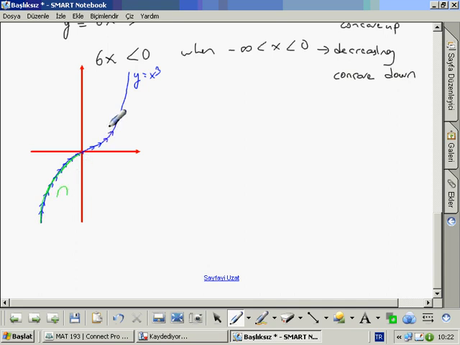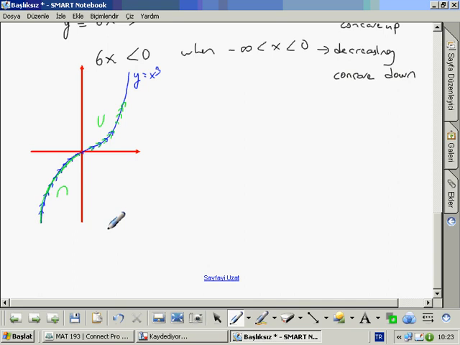And for this interval, when x is larger than 0, that means the positive x values, your concavity is up. And we can say the graph of y equals f of x is concave down on an interval where y double prime is less than 0, and the graph of y equals f of x is concave up on an interval where y double prime is larger than 0.